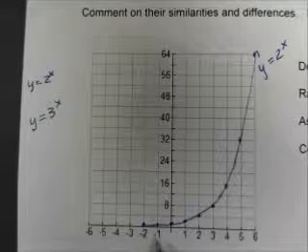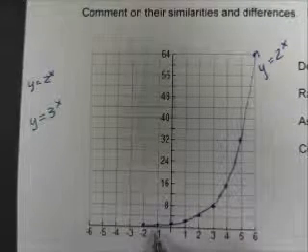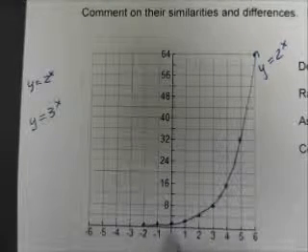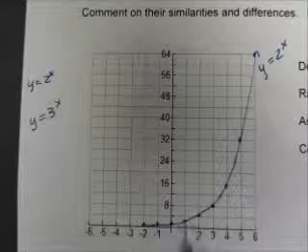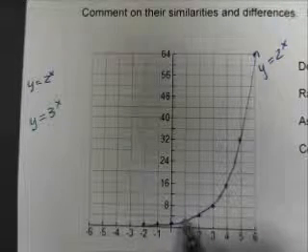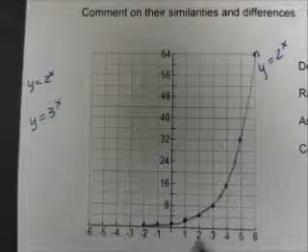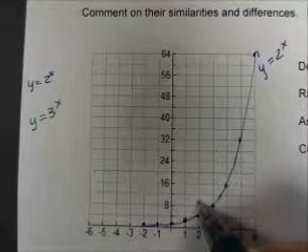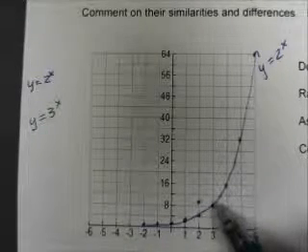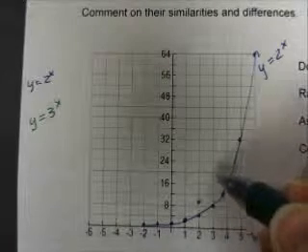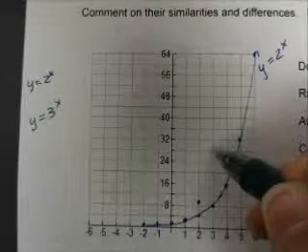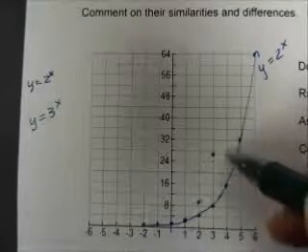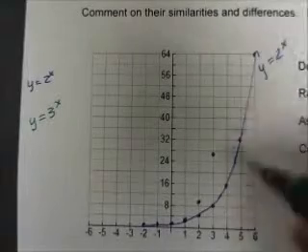I'm going to start at -1. 3 to the -1 is going to be 1/3. 3 to the 0 is 1. 3 to the first is 3. 3 to the second is 9. 3 to the third is 27. 3 to the fourth is 81, which takes us off.